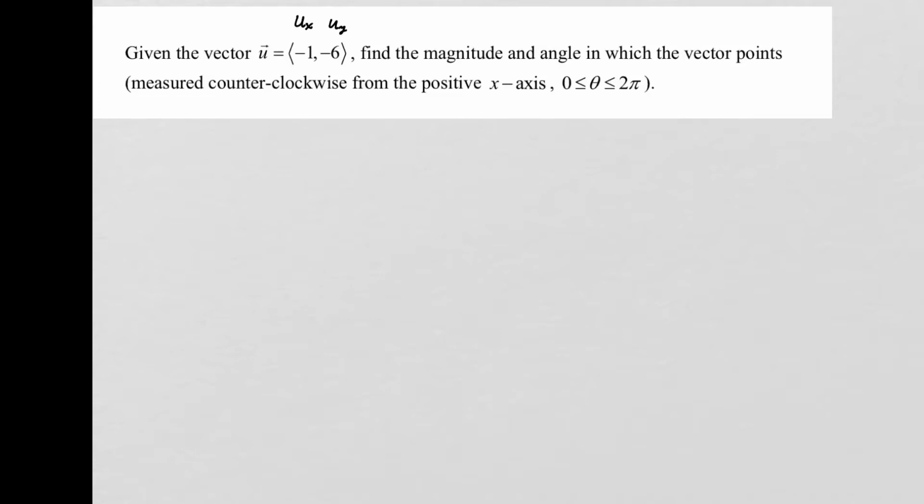All right, so how do we do a problem like this? Well, again, it always helps to draw things out, right? So if I draw out those components, I have -1 in the x and -6 in the y. So here's my Cartesian coordinate system. And I have -1 in the x and then -6 in the y.